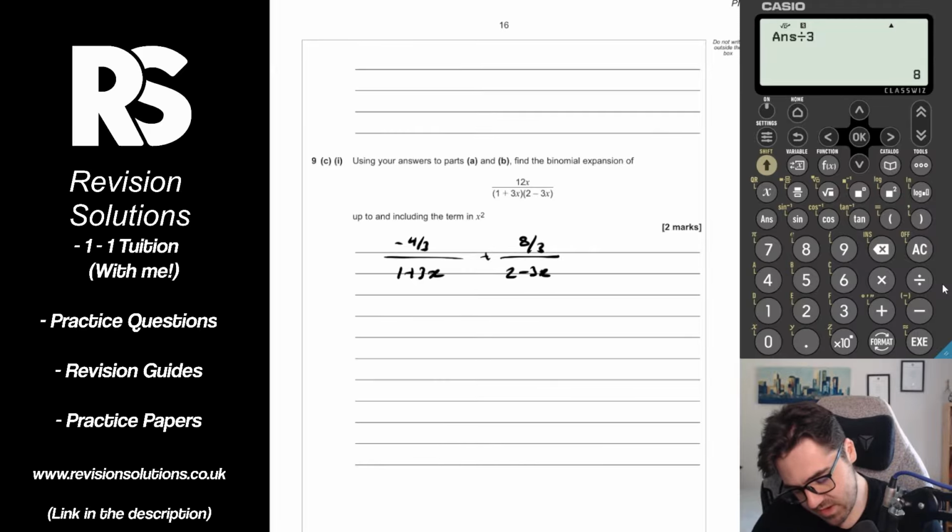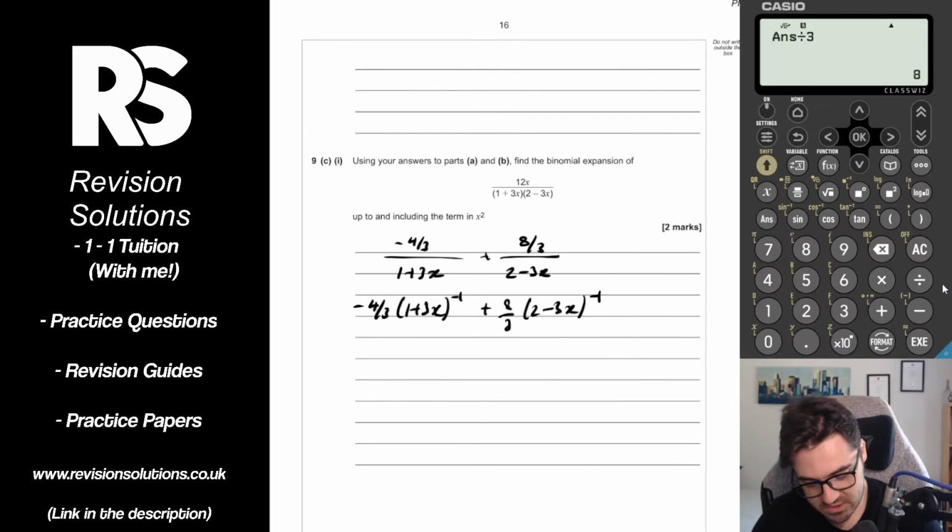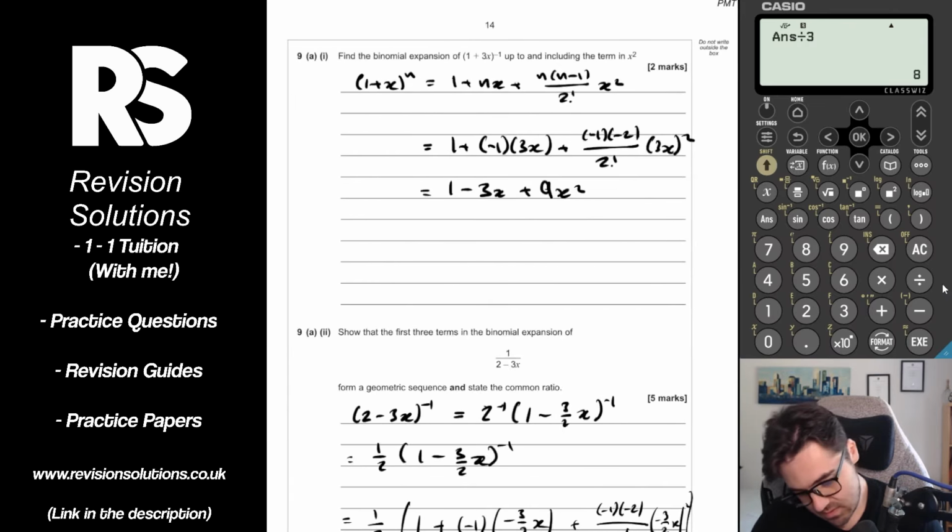And then thinking about the binomial expansion, let's just write that back as a power again. So minus 4 thirds, 1 plus 3x to the minus 1, plus 8 thirds, 2 minus 3x to the power of minus 1. Well, those are the binomial expansions we did in part A. So let's plug in what we got for those.